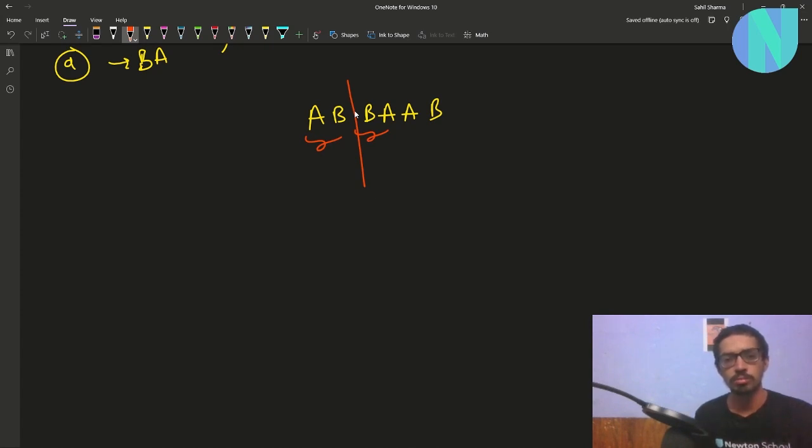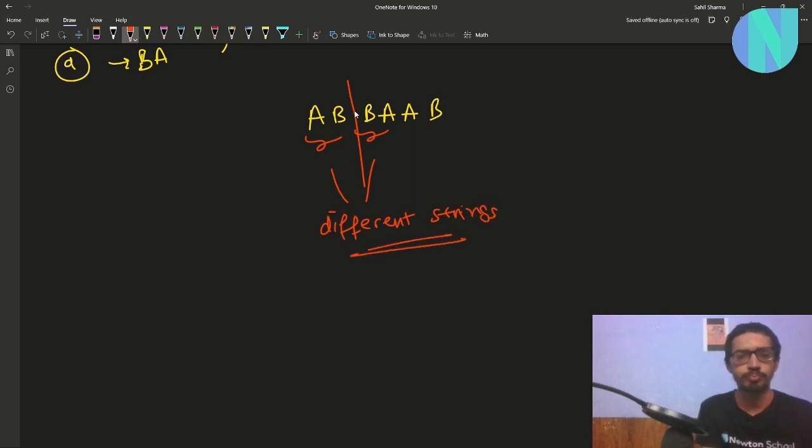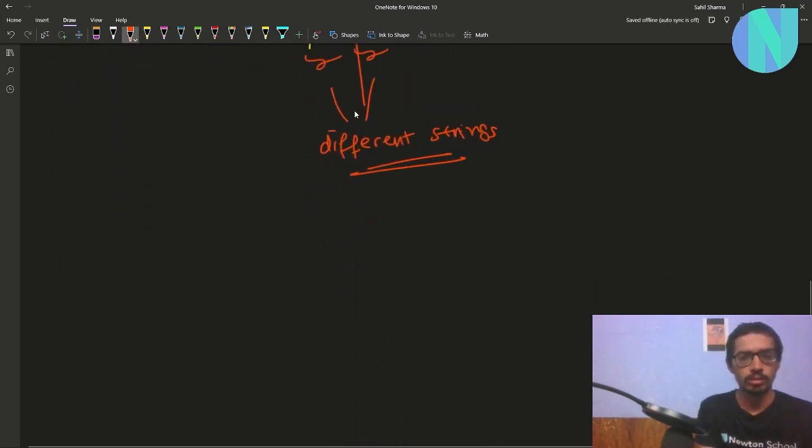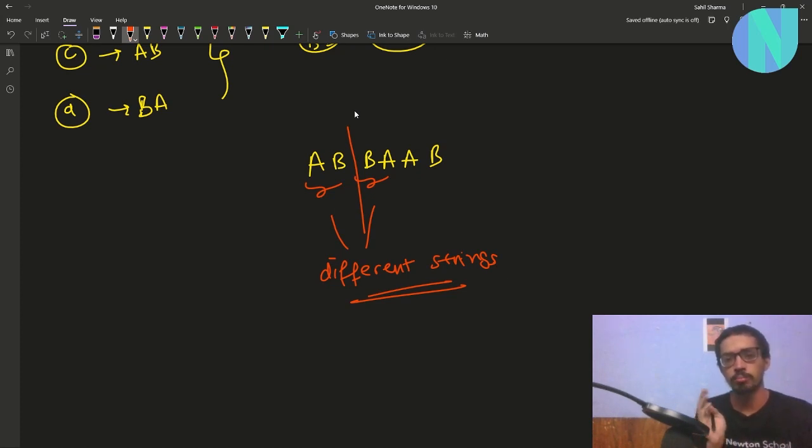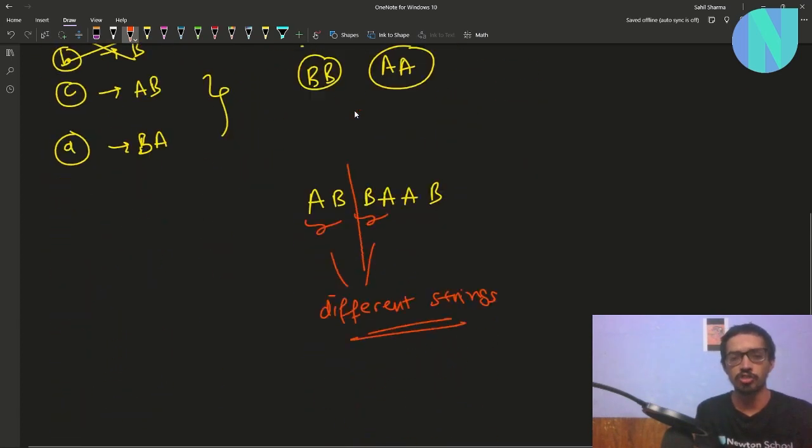So whenever I see two consecutive same letters, I will split my string, because I know they belong to two different strings. That will be my strategy.